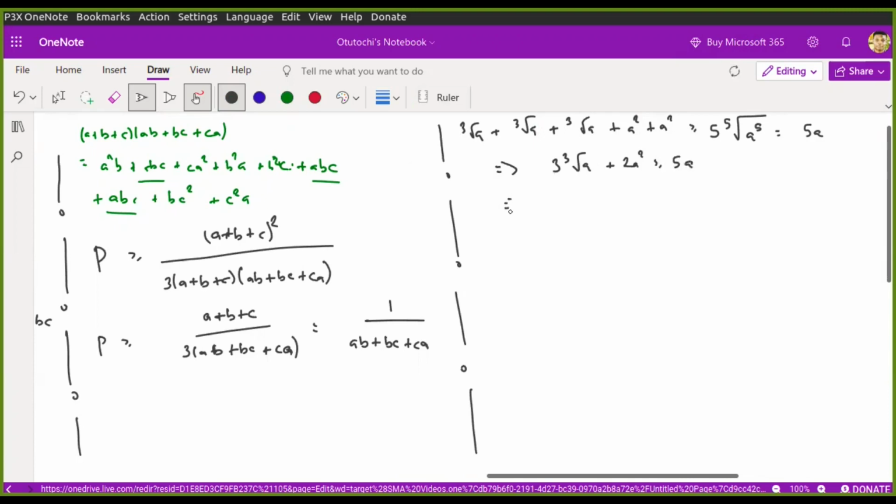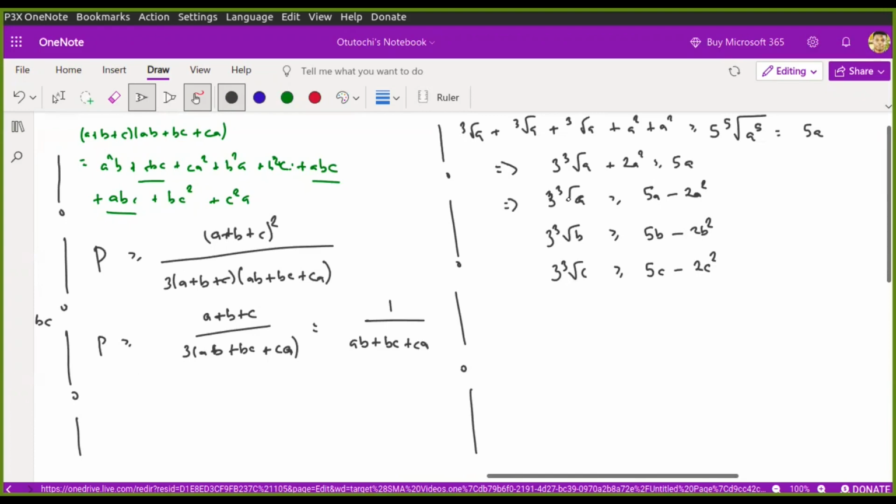And that implies that 3 cube root of A is greater than or equal to 5A minus 2A squared. Now, similarly, we are also going to have that 3 cube root of B is greater than or equal to 5B minus 2B squared, and 3 cube root of C is greater than or equal to 5C minus 2C squared.